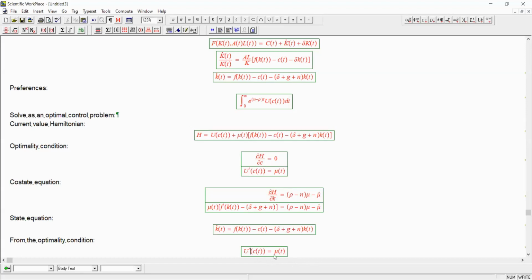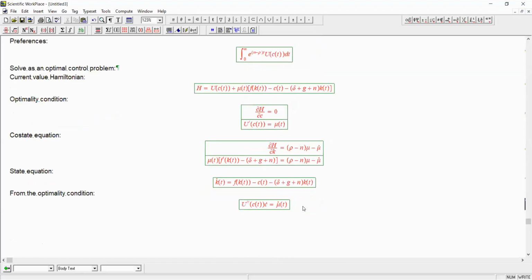Here we would get u double prime times c dot. And here we just get mu dot. We can plug this into the co-state equation and replace mu dot. And notice we can also replace mu because we know from the optimality condition it equals this. So we've eliminated the multiplier, the co-state mu, entirely from our equation.